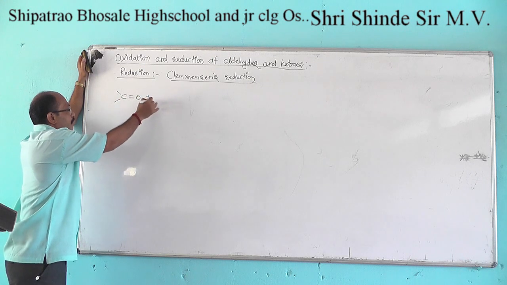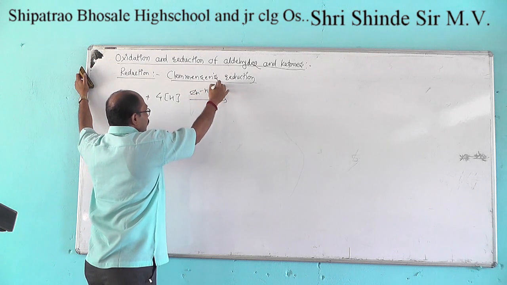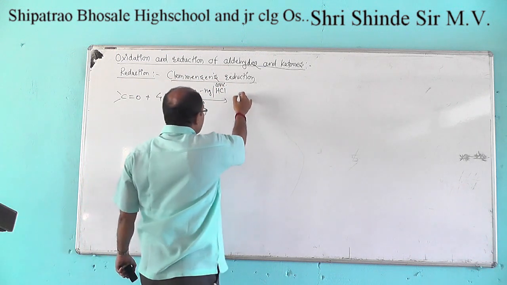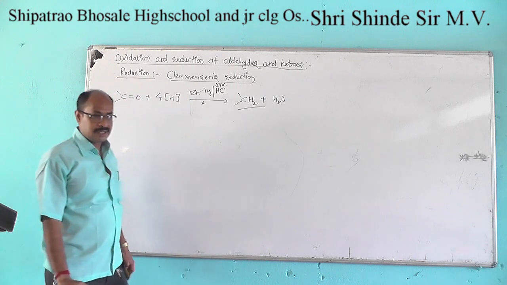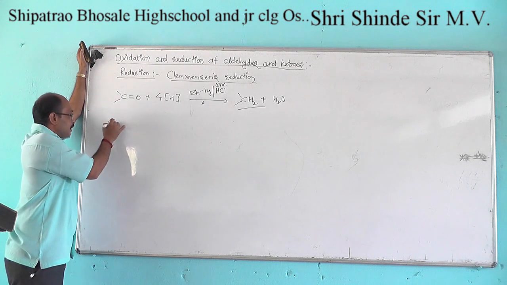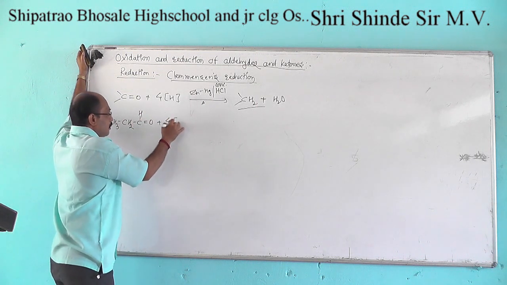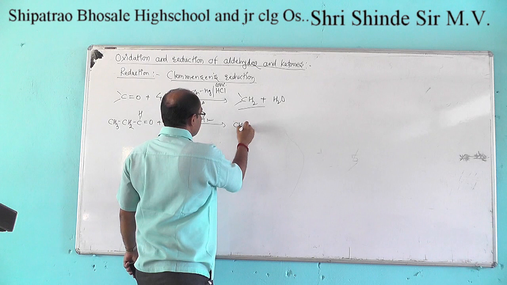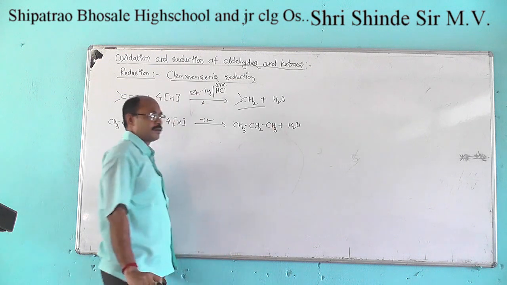The carbonyl group is converted into the corresponding methylene group. For example, propanal on reduction by using zinc amalgam and concentrated hydrochloric acid gives the formation of corresponding propane.